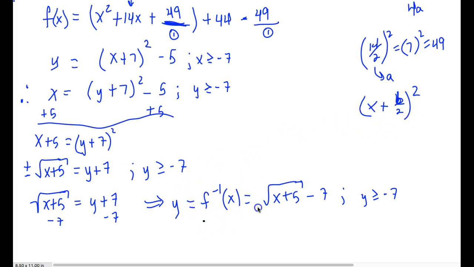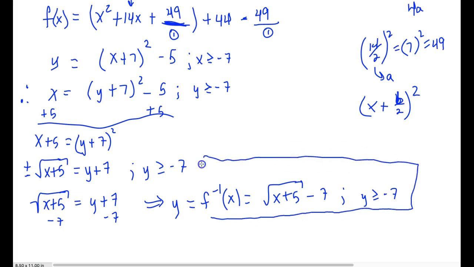So this would be the answer here to our question. And of course, we don't have to include this part. It is implied, but we needed that to be able to figure out whether we needed to choose the plus or the minus here. And so with that, this concludes the video that I have on inverse functions.